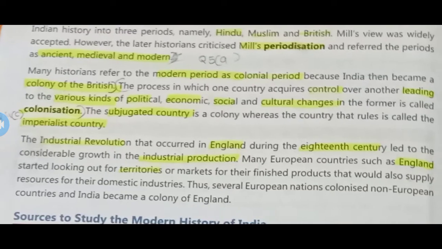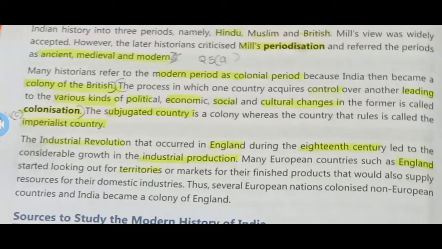Many historians refer to the modern period as the colonial period. Why do they refer to it as the colonial period? Because India then became a colony of the British. The process in which one country acquires control over another, leading to various kinds of political, economic, social, and cultural changes in the former, is called colonization.